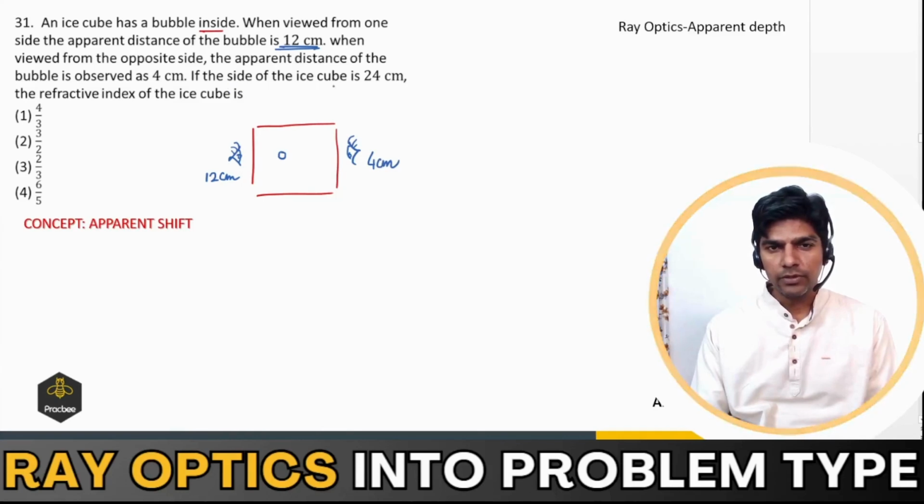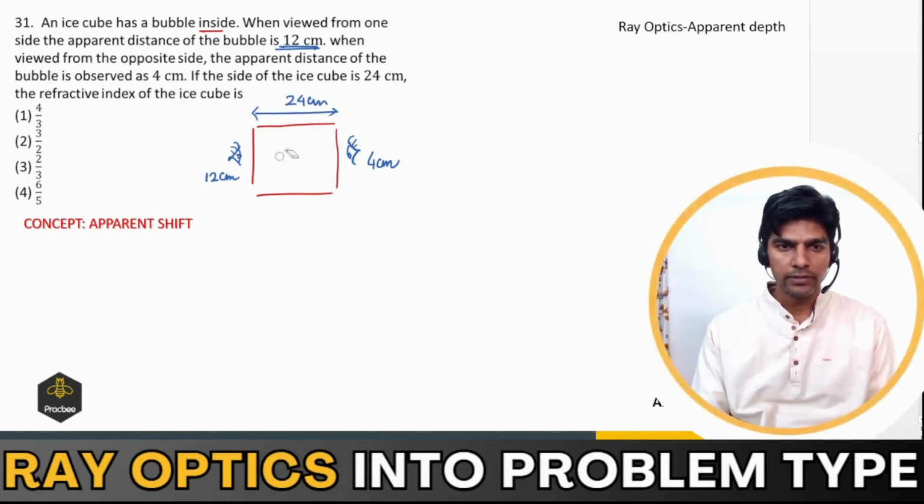If the side of the ice cube is 24 centimeter, so this side is given as 24 centimeter, and let us say this bubble is somewhere here. So that is the bubble. And we have to find the refractive index. Let us say mu is the refractive index.